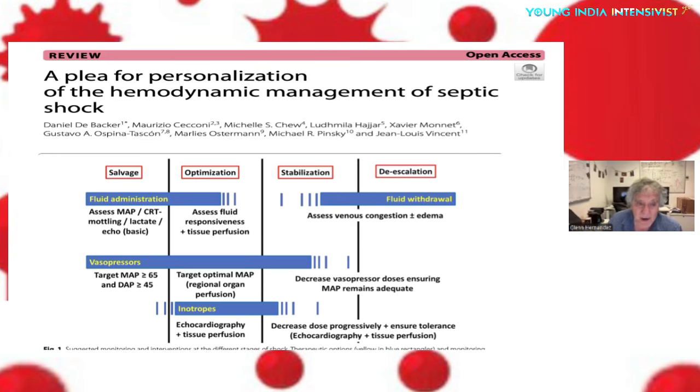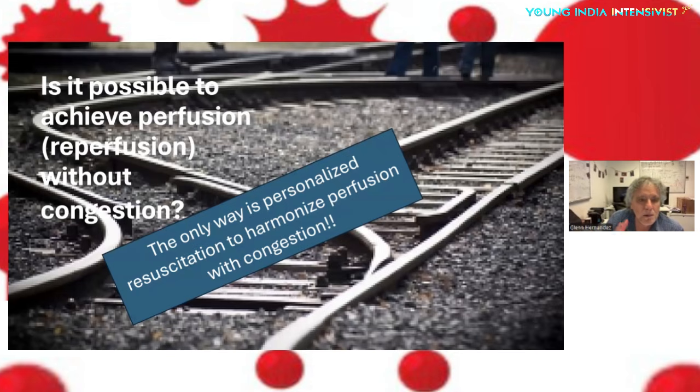We have tried this in the ANDROMEDA studies, as I will say, but this includes a lot of measures that are reviewed in a very nice paper from a couple of years ago that I strongly recommend for young people to review if they have not yet. So it is possible to achieve perfusion without congestion. For us, the only way is personalized resuscitation to harmonize perfusion with congestion.